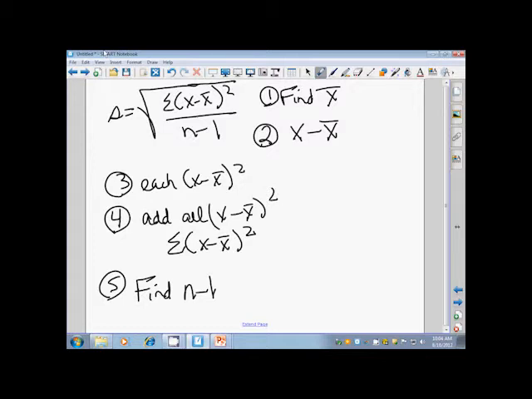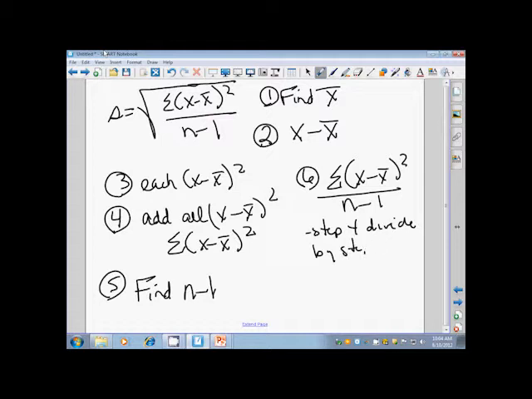Step 6 is you want to take your sum of x minus x bar squared and divide it by n minus 1. Literally what you're doing is you are taking your step 4 and divide by step 5.